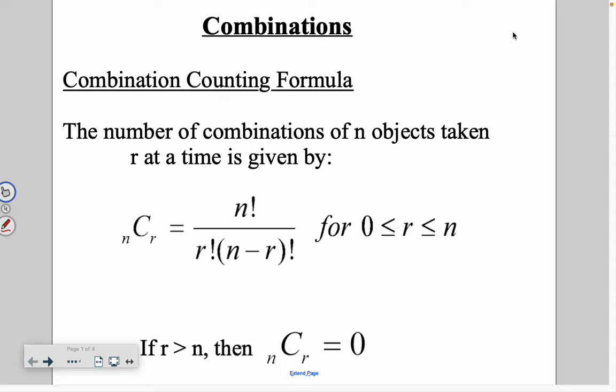Okay, so we're dividing out a little bit more. The reason for that is what I just talked about. Because order doesn't matter, there's going to be fewer combinations. That's what that r factorial does, it gets rid of like 1 and 6 versus 6 and 1. Well, who cares? It's the two numbers. That's what's going on with that. Otherwise, pretty much the same formula, same idea.